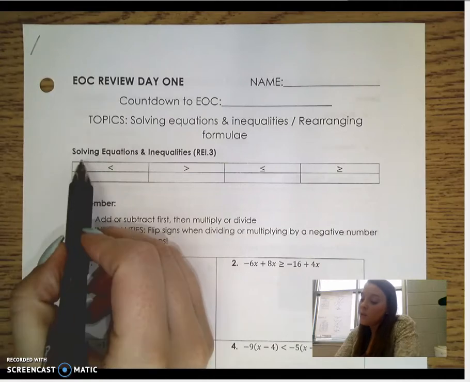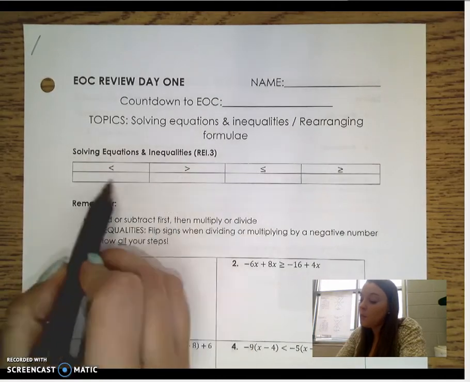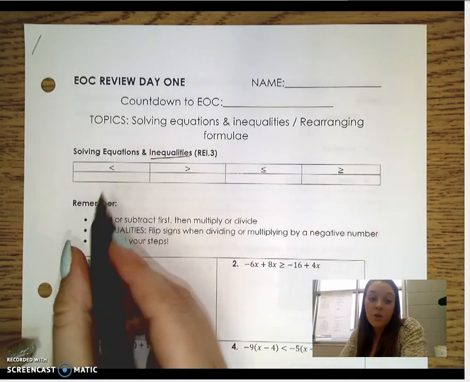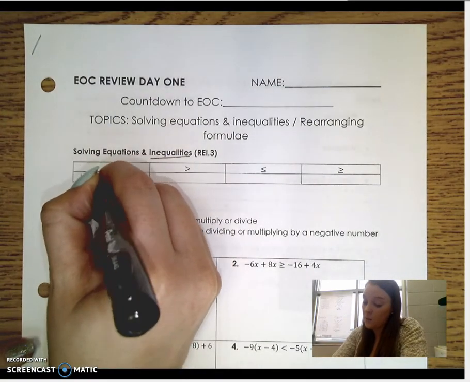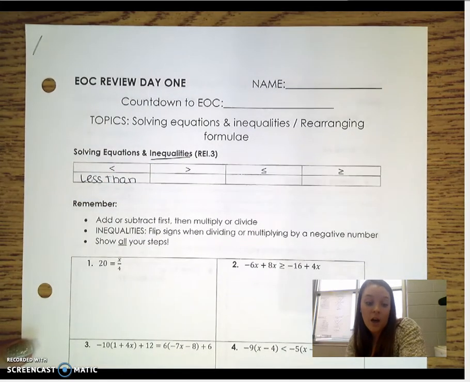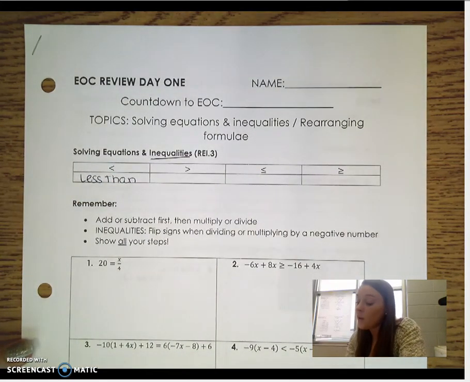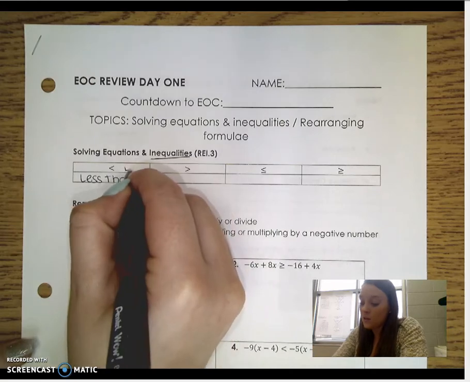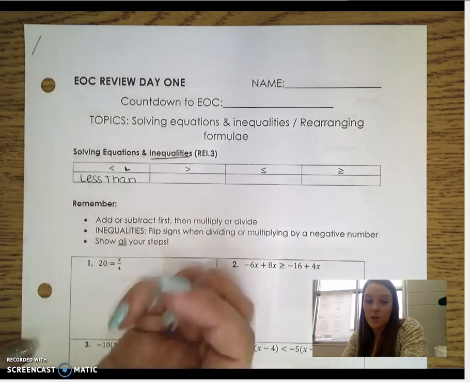So the first thing we need to review is the symbols that are used when solving inequalities. This first symbol is a less than symbol, and this was one of the most commonly missed questions on your vocabulary quizzes. It was very frequent that you would get the less than and the greater than sign mixed up. Remember that the less than sign looks like an L if you just turn it a little bit.